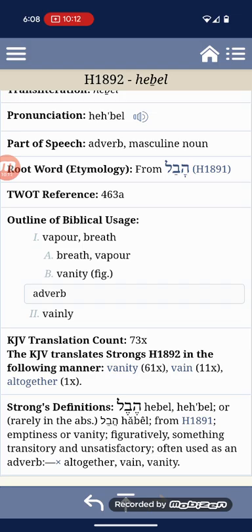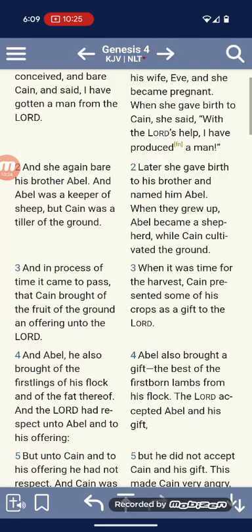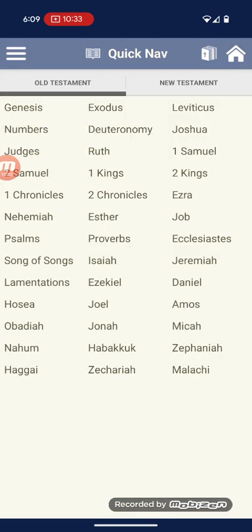All right. So we see it means transitory. We also see that the biblical usage says vapor or breath. All right. And with it saying breath, I wanna go over just to Genesis chapter 2 and verse 7.